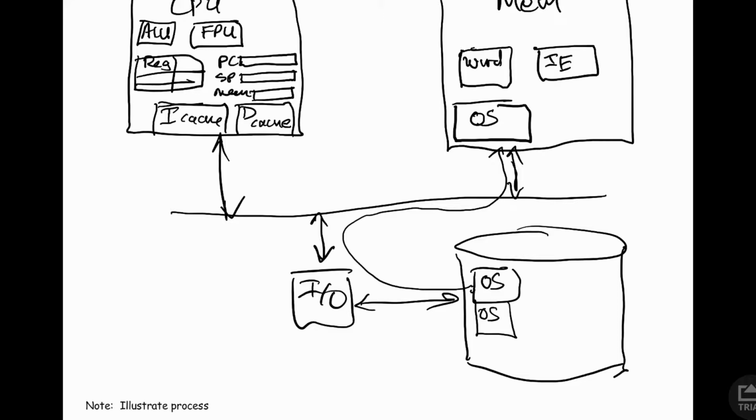The first thing that happens is all of this information that's on the CPU right now, if the operating system is going to switch from whatever happens to be running, including itself, to some other piece of code, the system needs to remember what's in the ALU, what's in the FPU, what's in the register file, the current value of the program counter, the stack pointer, memory, instruction cache, and data cache.